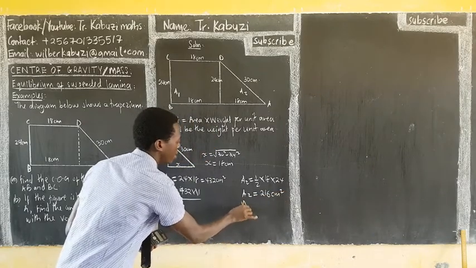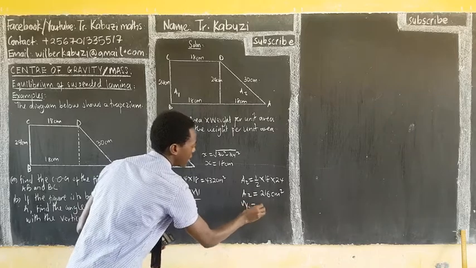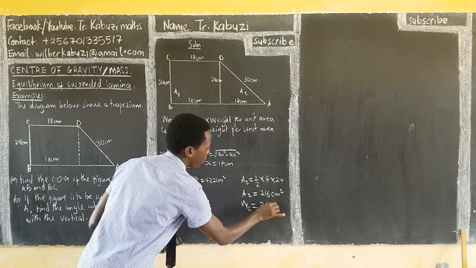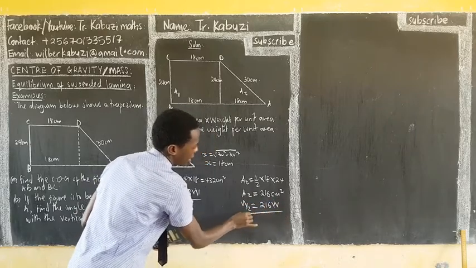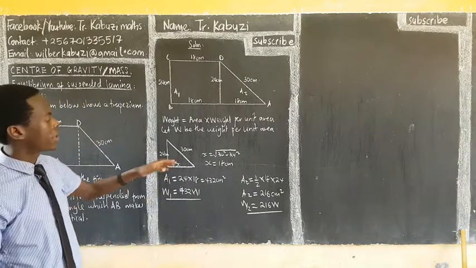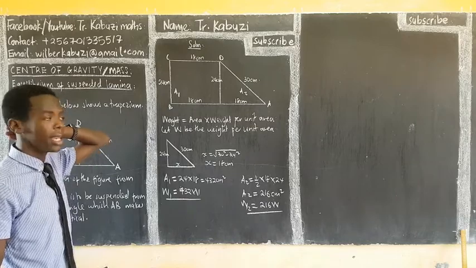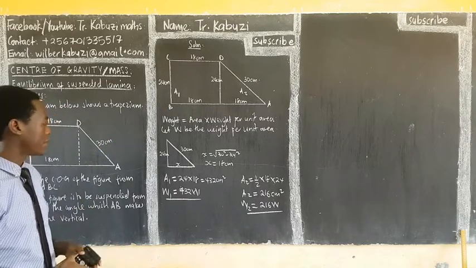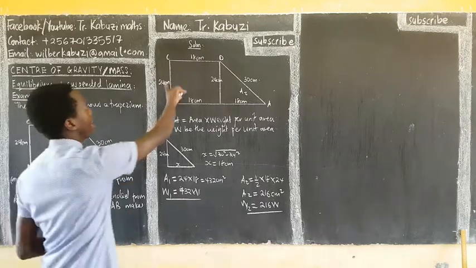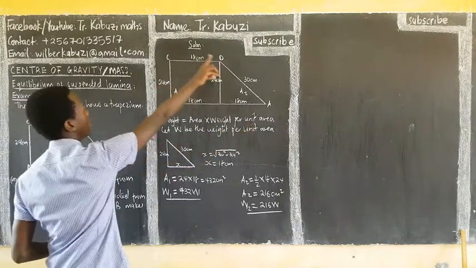Now to get the weight, weight 2, we take the area times the weight per unit area. Why do we multiply by the weight per unit area? Because weight is related to area. They are directly proportional.